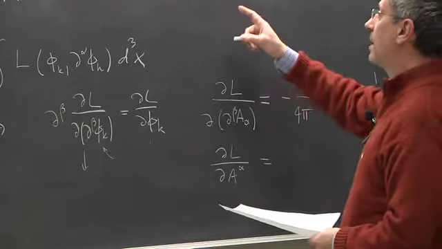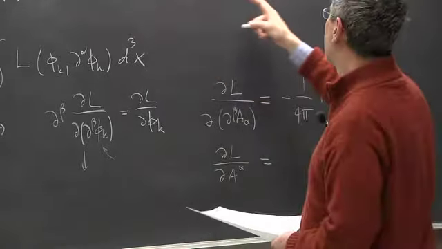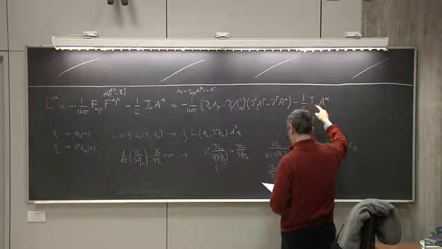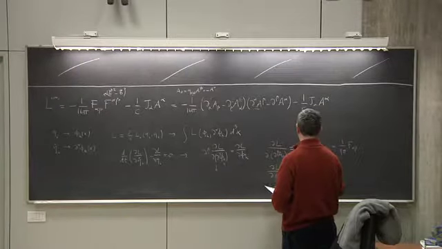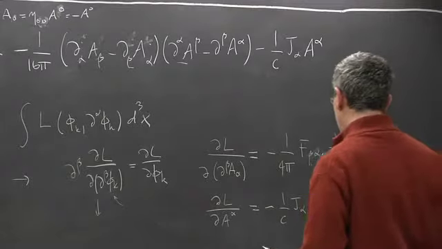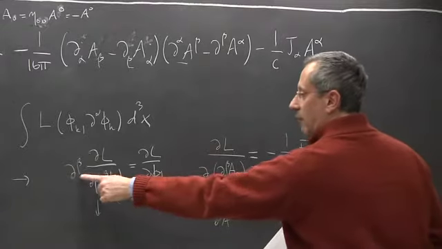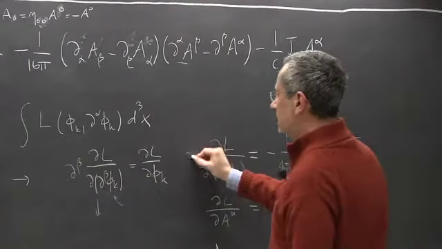So again, by inspection, you see here there are only momenta in a way, so you get only this term here, minus 1 over c j alpha. And then you have to take this derivative, d beta.